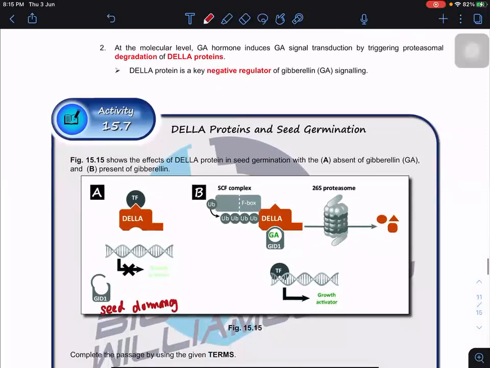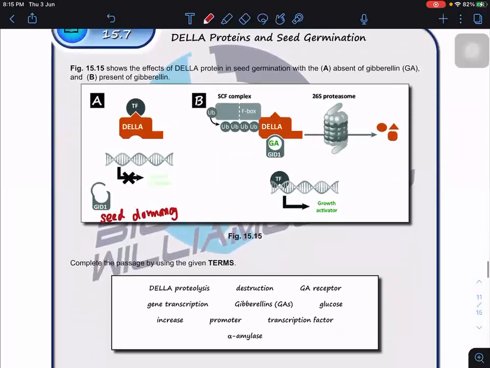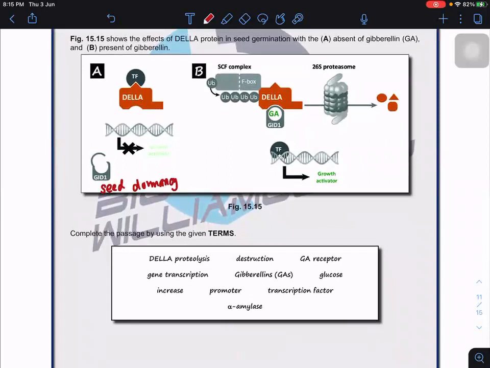Under seed dormancy, you can see that we do have the DELLA protein. The DELLA protein binds to this transcription factor named PIF, phytochrome interacting factor, which is a transcription factor. So what will happen here is that when DELLA protein binds to the transcription factor PIF, PIF cannot bind to the promoter. Here is the promoter.